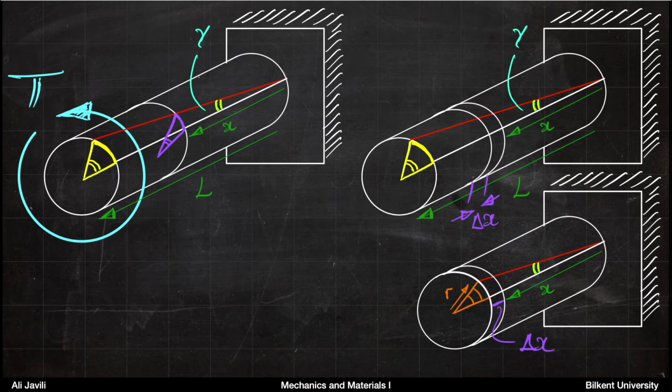So keeping that in mind, now we want to look at what happens inside the bar. What we want to do is take this bar and cut it at a distance x with, let's say, an incremental length dx in the x direction.